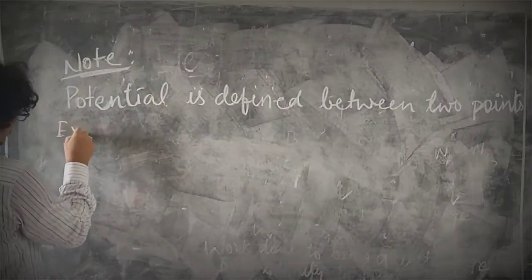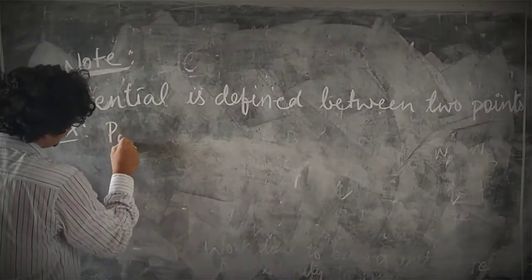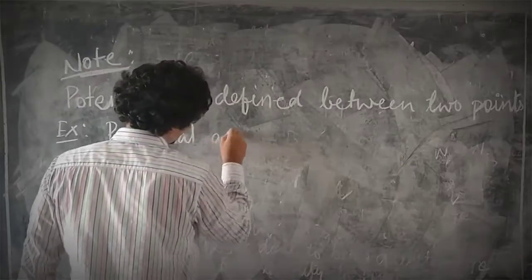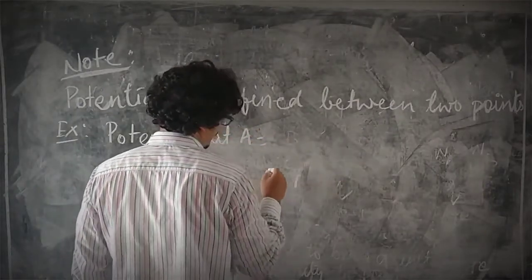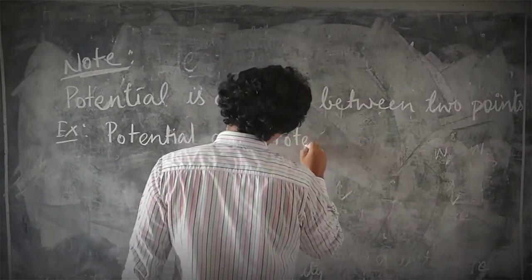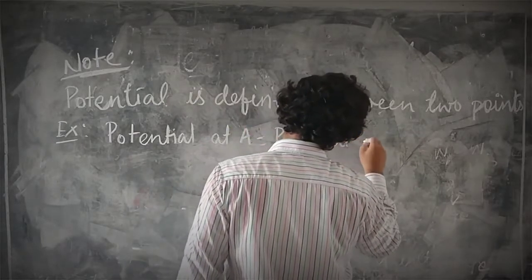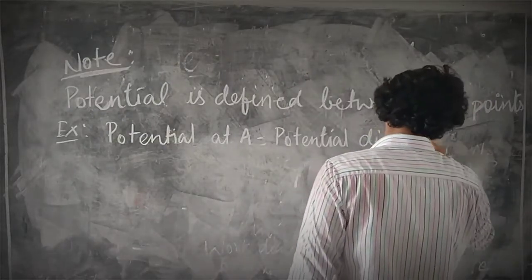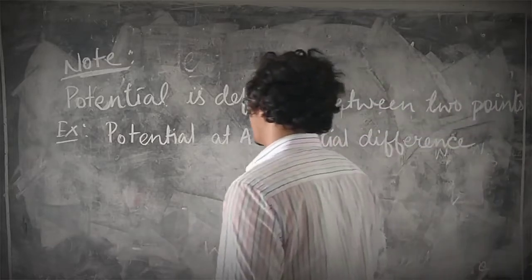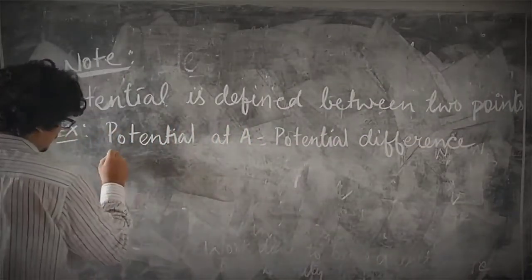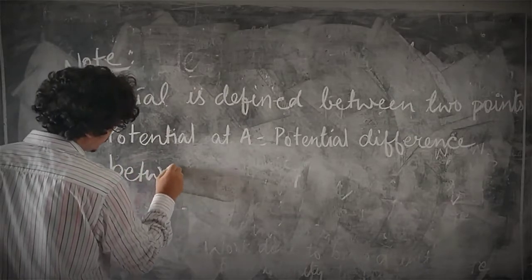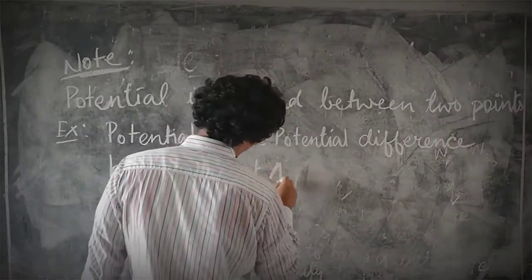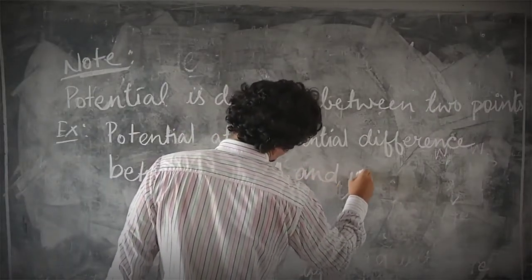For example, potential at A is the potential difference between point A and infinity.